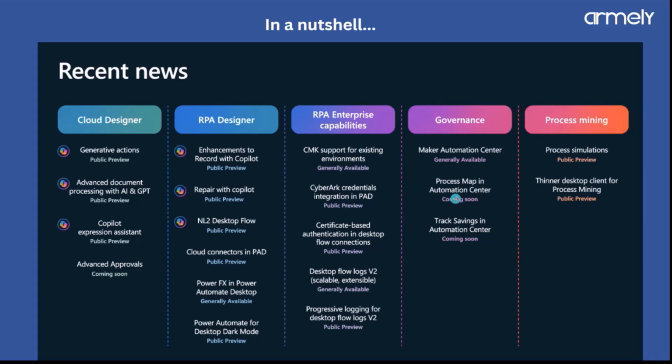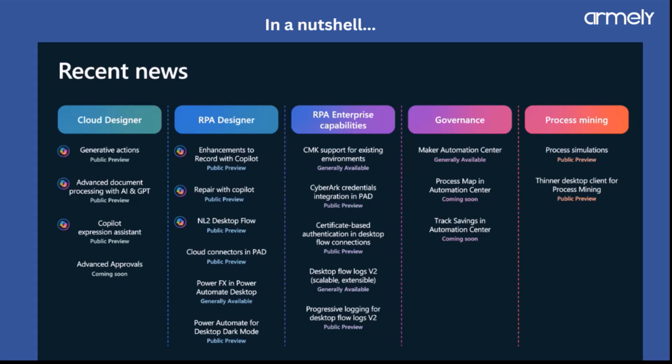So this is not yet there. It's coming soon. It's for understanding the process workflows. And then another feature that's coming soon is the track savings, which is analytics for measuring the impact of automation on cost reduction. Yeah, and then for process mining, we have simulations.